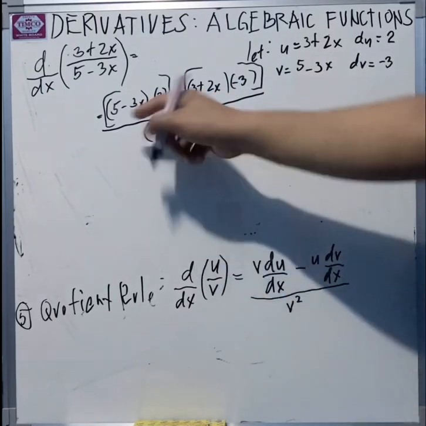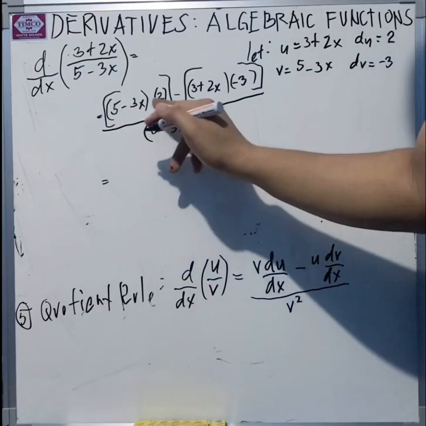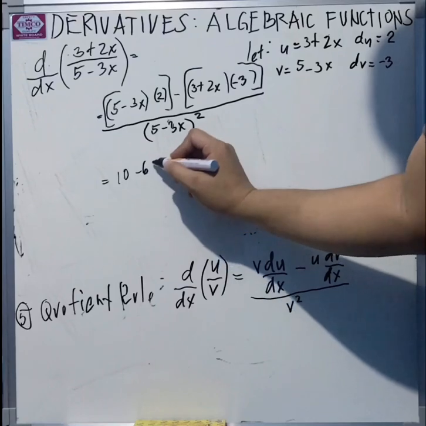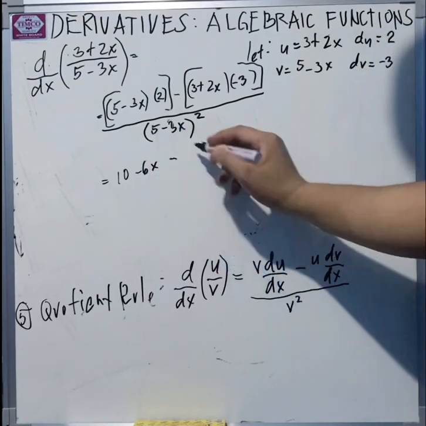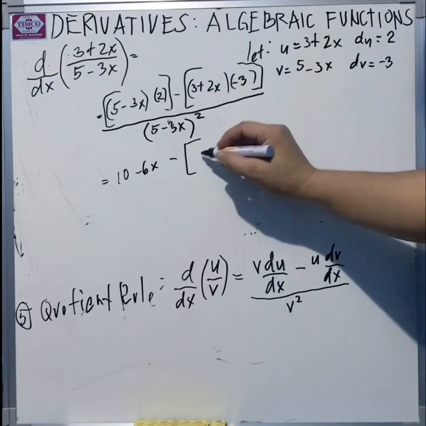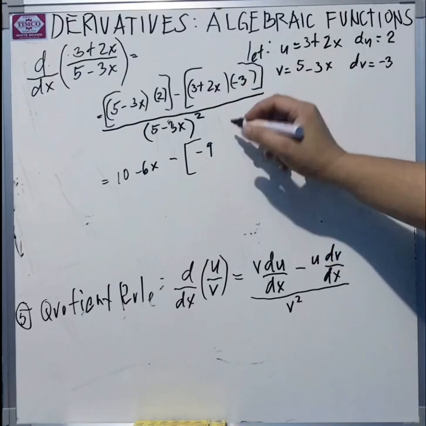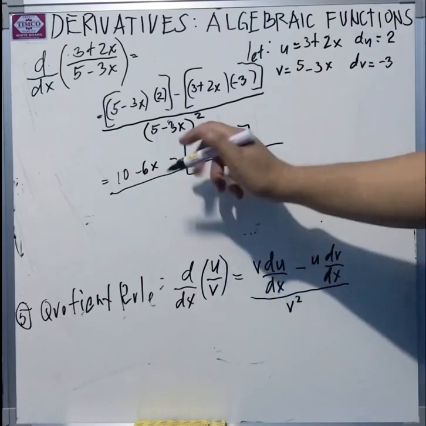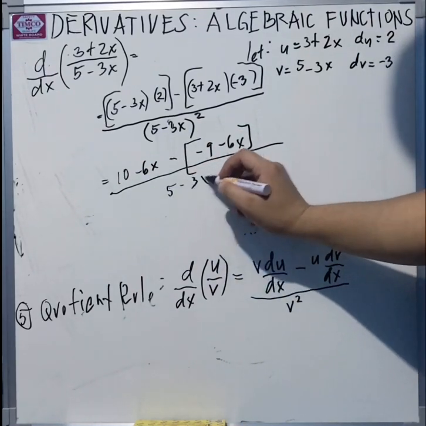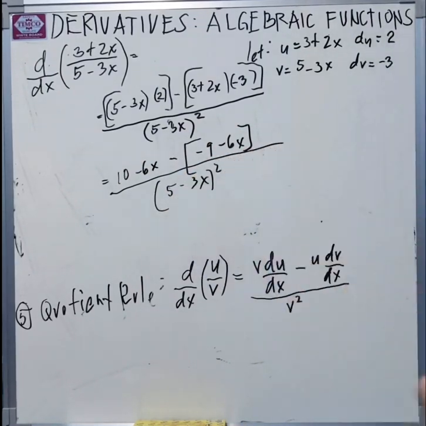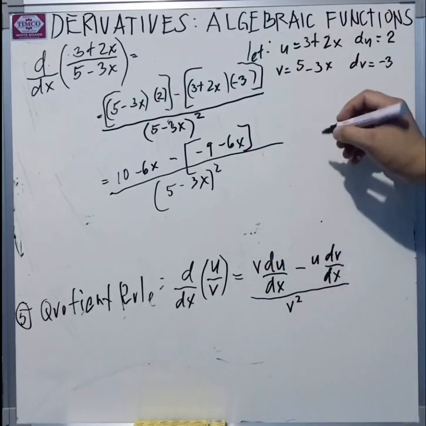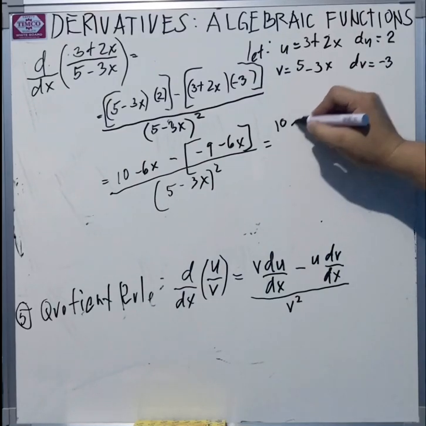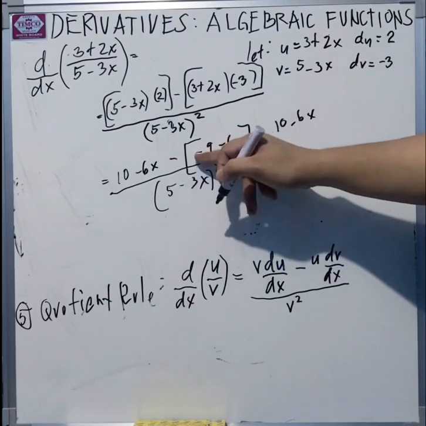And then we simplify. 5 times 2 is 10. Minus 6x. Minus negative 9, minus 6x, all over 5 minus 3x squared. So it becomes 10 minus 6x. Negative times negative, positive 9.